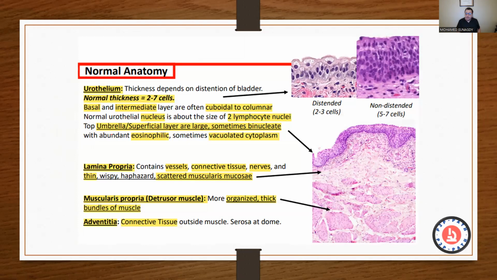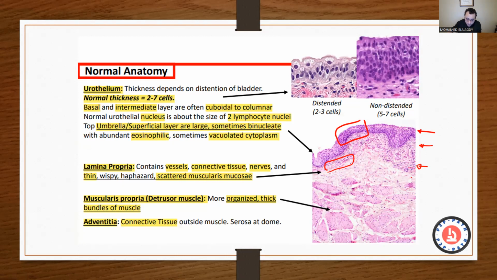So let's talk about the normal anatomy of the bladder. The bladder, as we know, has a transitional epithelial lining. It has layers. The layers include the epithelium, which is a transitional epithelium, and then we have the lamina propria, and then some thin muscle fibers here, which we call the muscularis mucosa.